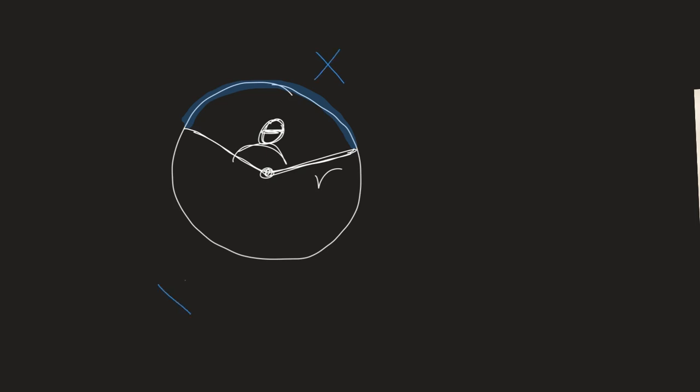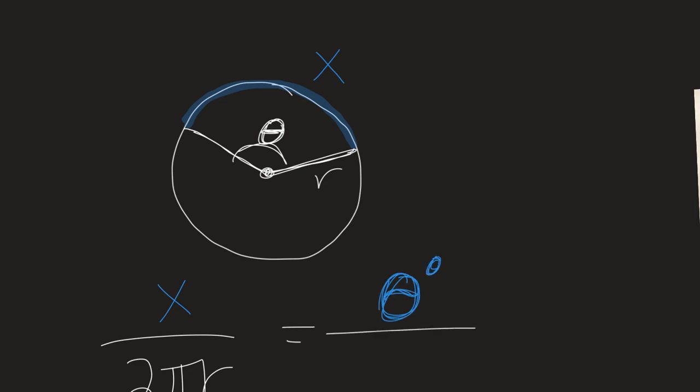So here's your formula. X over 2 pi r. The arc length is a portion of the circumference, right? The whole entire distance around. The arc length is part of that. So if we compare the arc length to the circumference, well, that's the same as comparing the angle of the arc in degrees over 360, because the angle is part of 360 degrees.